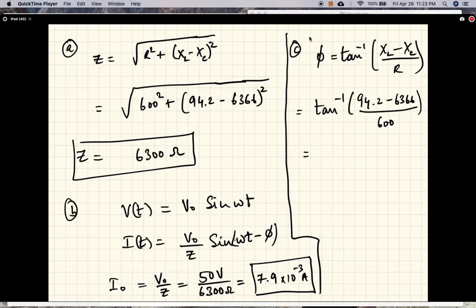Tan inverse of that is minus 84.5 degrees.